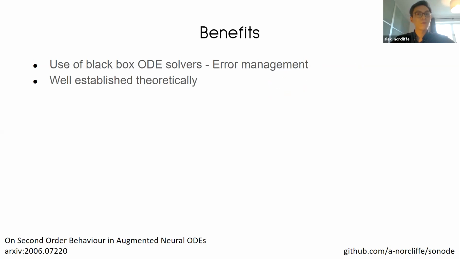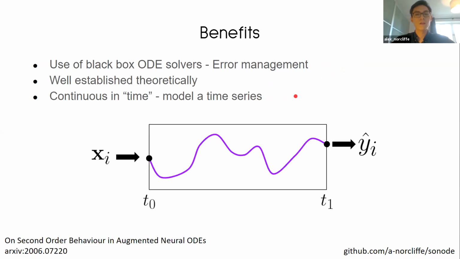They're hundreds of years old, going all the way back to Newton. What this means is we can use these theorems to help guide us in building new architectures. And also, these are continuous in time, so we can model a time series.